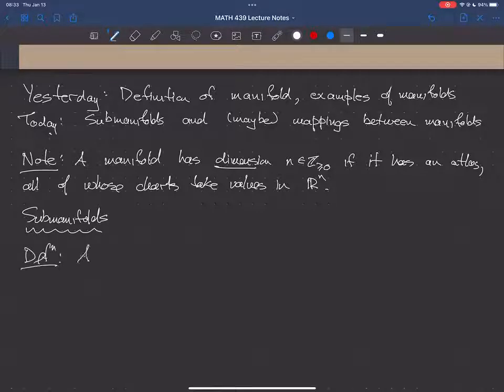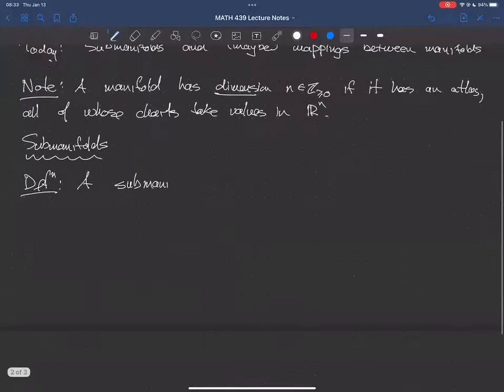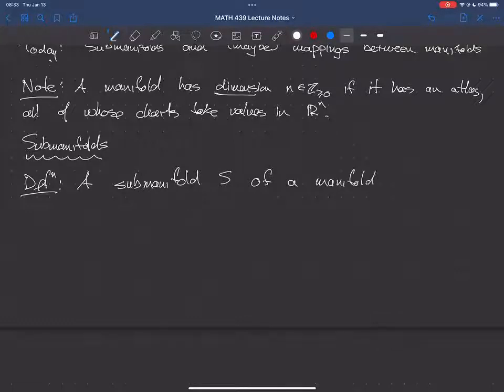All right. So a submanifold S of a manifold M. Okay, so remember that a manifold is a set with an equivalence class of atlases.